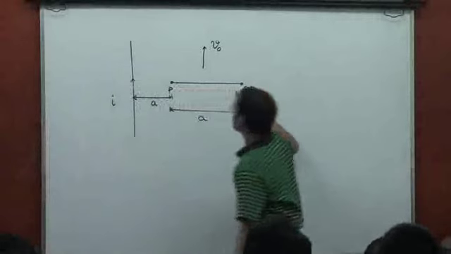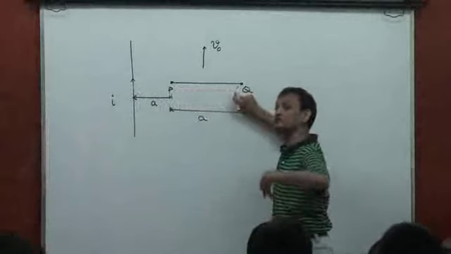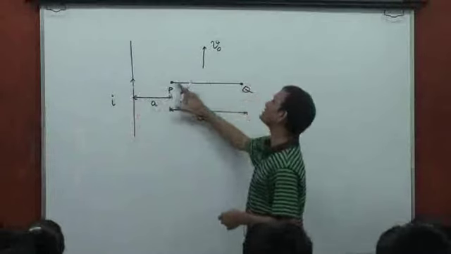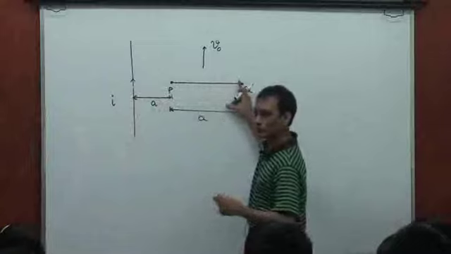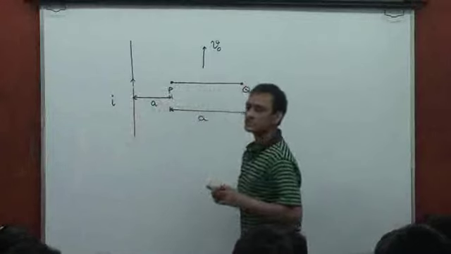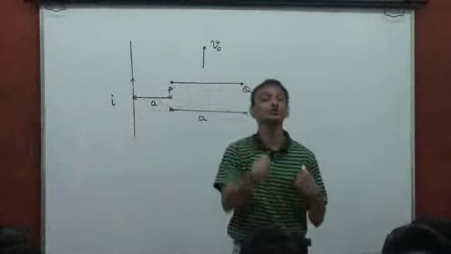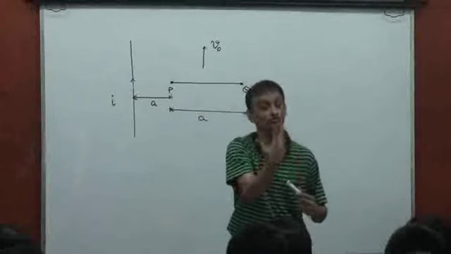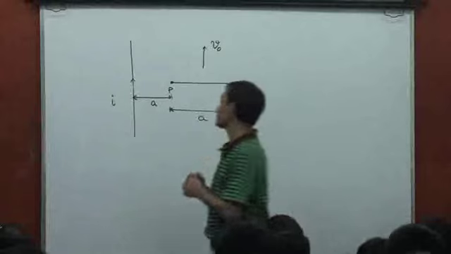Realize that different points between P and Q are exposed to different magnetic fields. Why? Because I will produce different magnetic fields at different points along PQ. And then each of the elements of PQ would make a motional EMF contribution, but a different contribution because they are exposed to different magnetic fields, right?